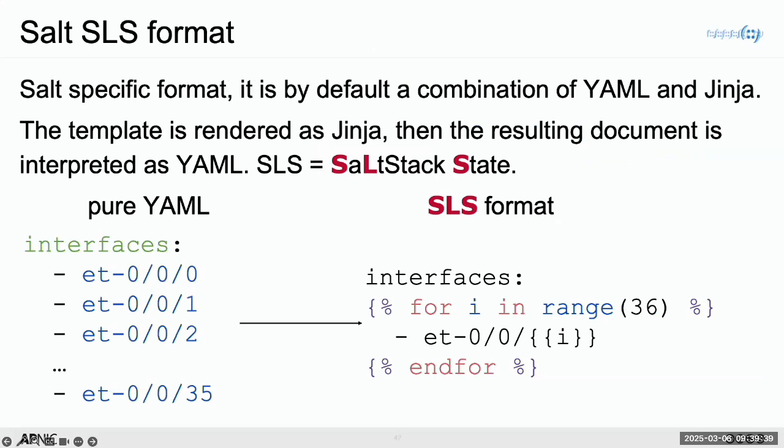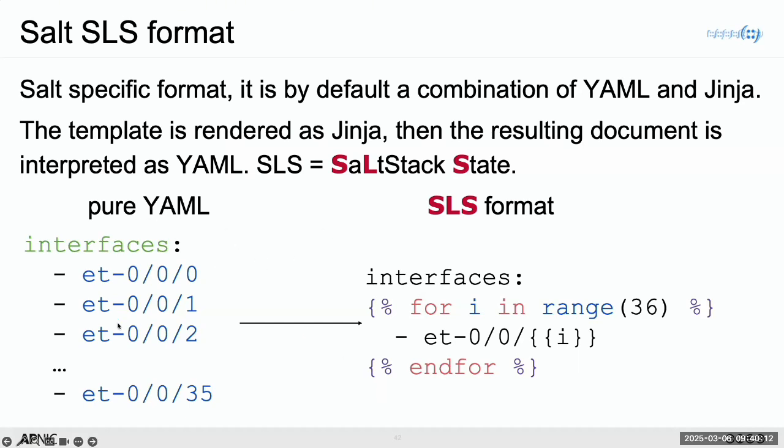So in case of Salt, we say SLS. SLS is the specific format. It is by default a combination of YAML and Jinja, and this template renders the Jinja as well, and then the resulting document can be interpreted as YAML. SLS, which is called the Salt state, is the format used in this case.